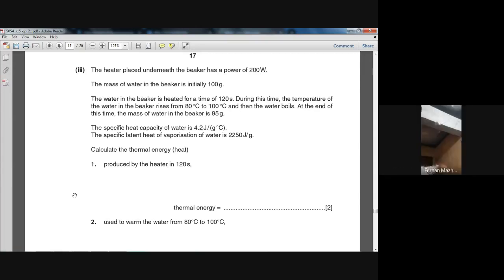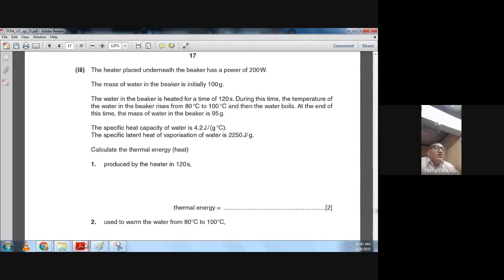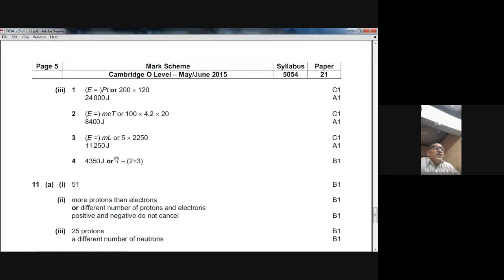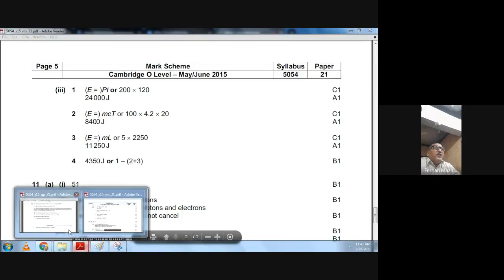You have your calculator. 24,000 is the answer, joules. The unit is very important. What you said? 24,000 joules. Oh yes, let me check the marking scheme also. 24,000 joules is the right answer, ma'am. Okay, the next part.